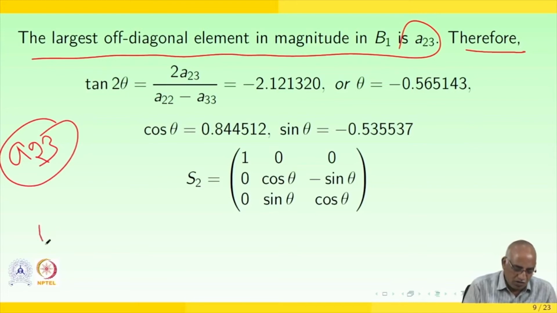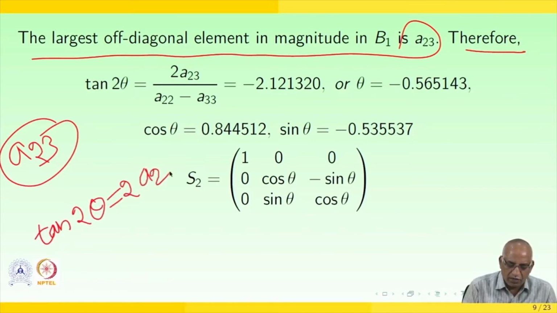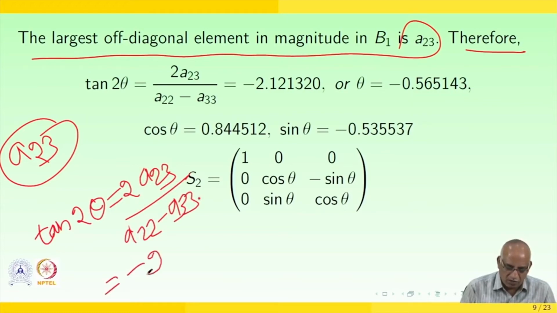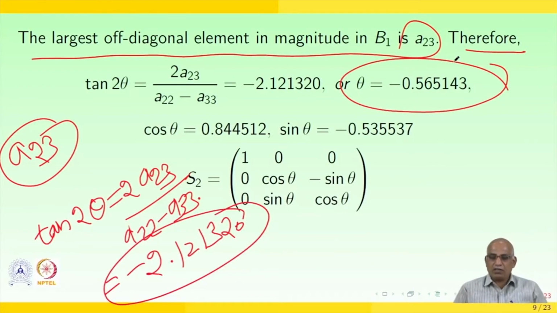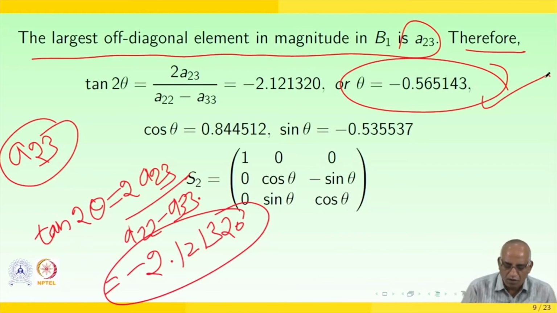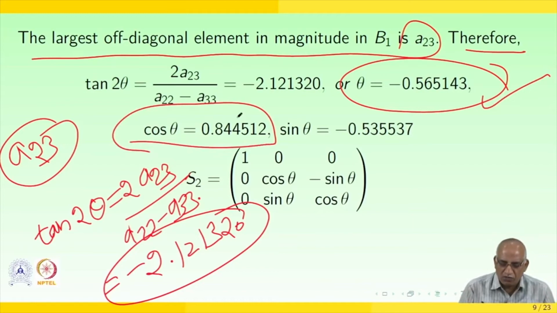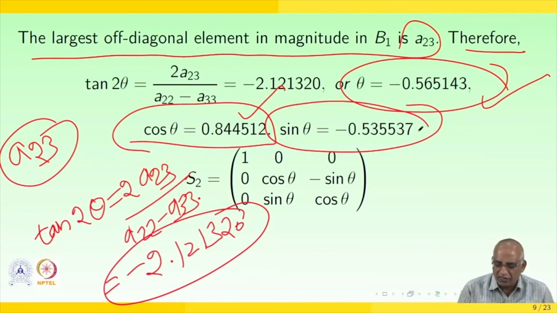So therefore, you will have tan of 2 theta equal to 2 A23 upon A22 minus A33, which will give you minus 2.11320, or theta equal to minus 0.565143, and cos theta is equal to 0.844512, sin theta is equal to minus 0.535537.